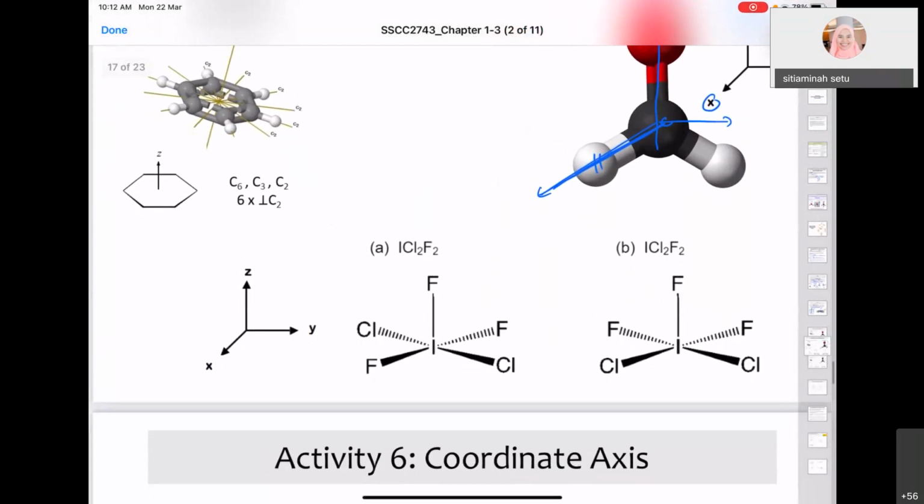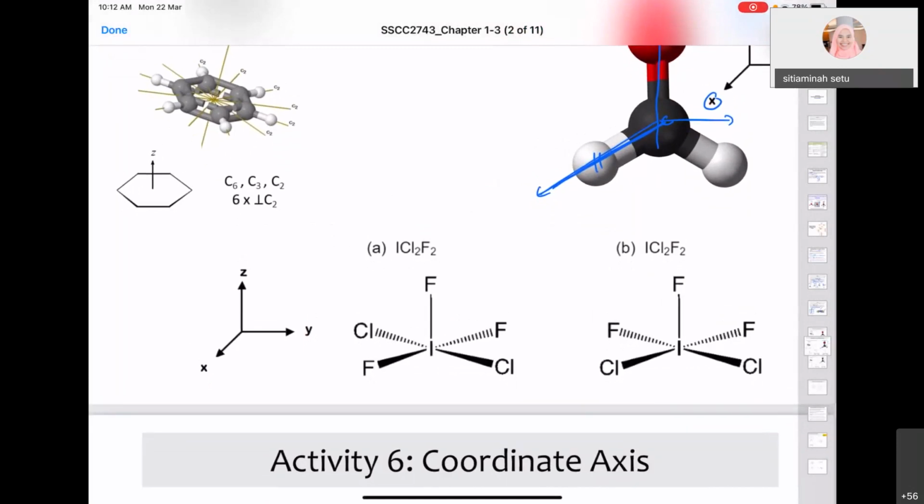So untuk cis and trans ICl2F2, so you ada this one you ada C2 kat sini kan? For this you ada C2. So nanti F1 ni dia akan bertukar jadi F2. Cl1 pun dia akan bertukar jadi Cl2.